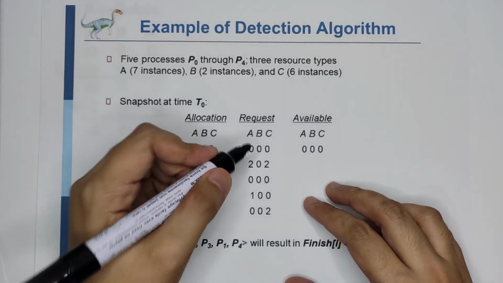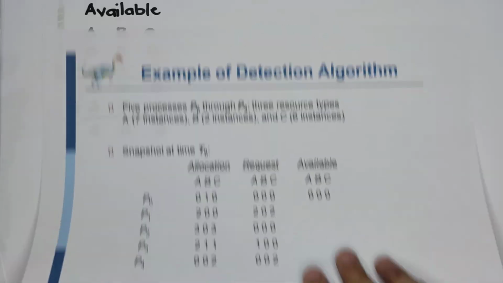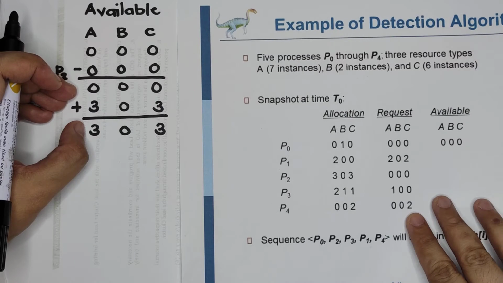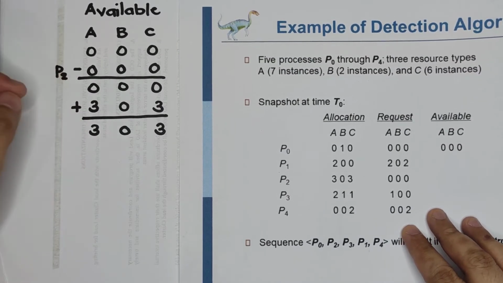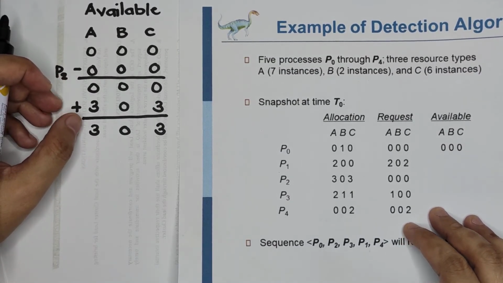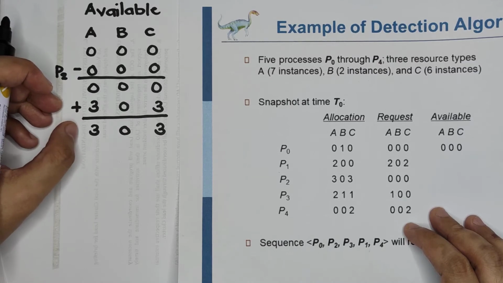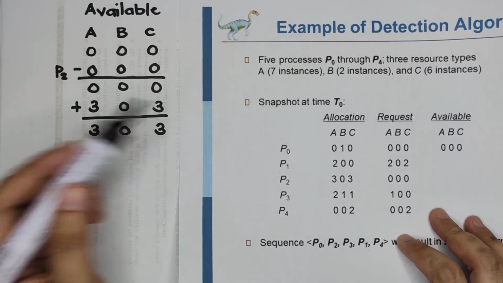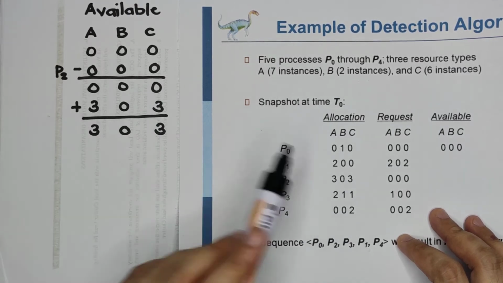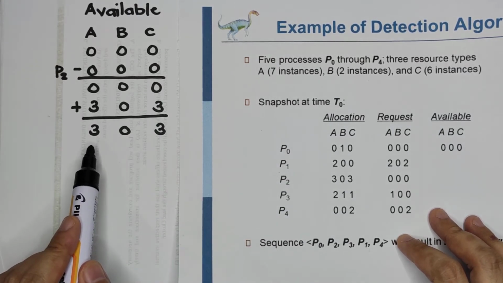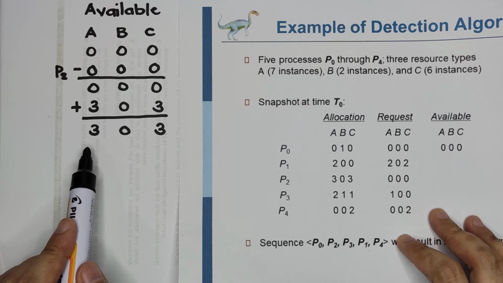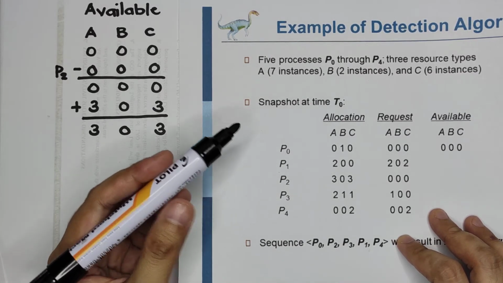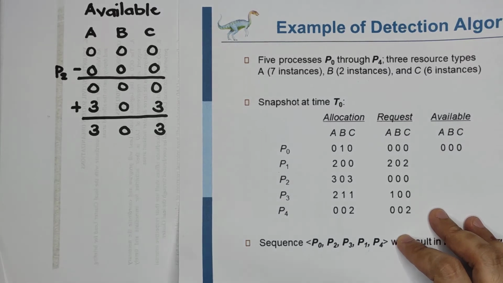But again, if the values of the request already fit the available resources, you can literally go with P sub 1 if you want to, because it already fits the available vector values. But then again, as I've said, let's just for example use P sub 0.